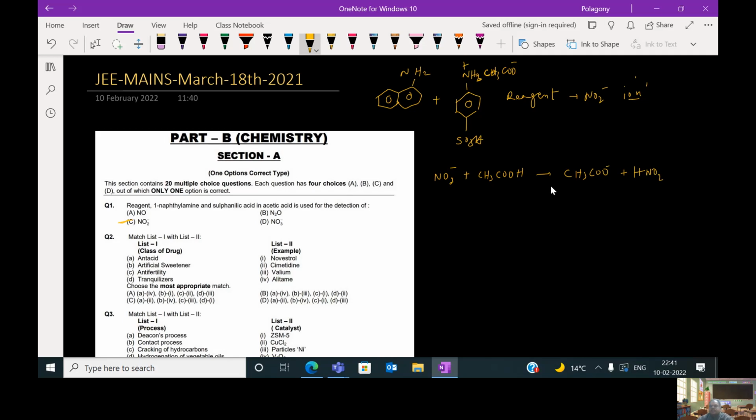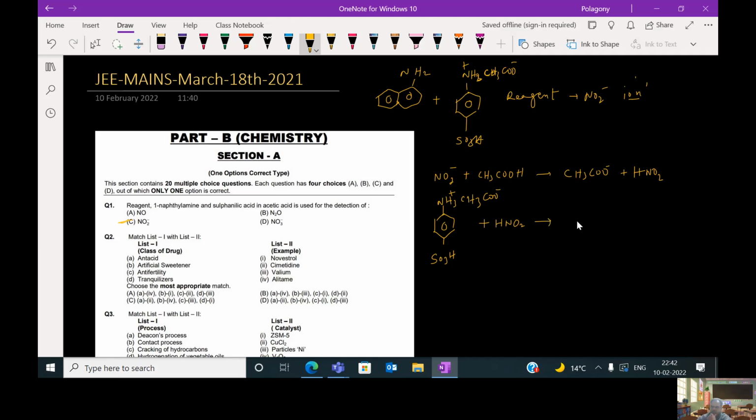The produced nitrous acid reacts with sulfanilic acid, the SO3H compound with NH3 plus and CH3COO minus.